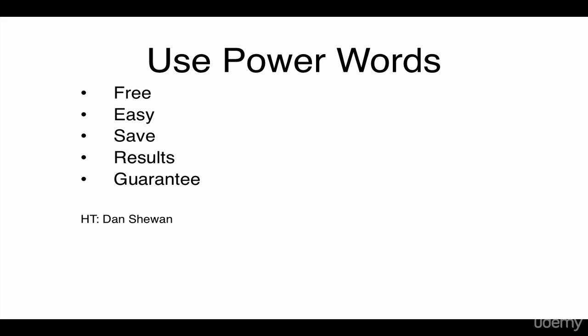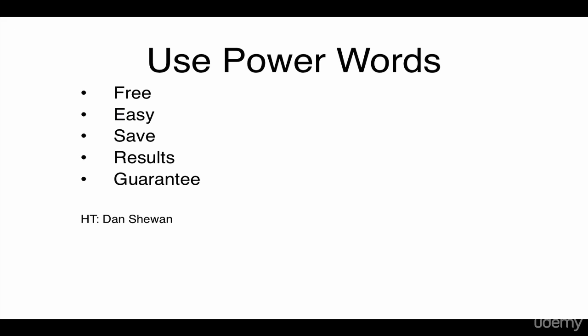Easy is another one. People like things that are easy, especially if you're in a more complicated market, or people are a little confused about what they're looking for. Use the word easy to tell them that their experience with you is going to be an easy experience, not a challenging experience. The word save, along the same lines as free.